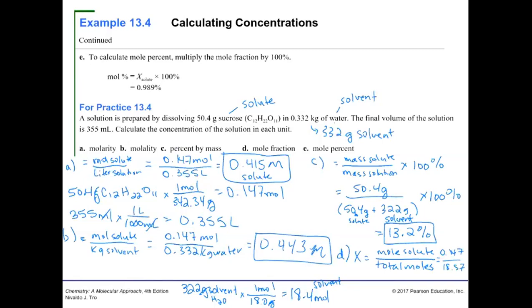So that way our mole fraction, sorry for writing over this, is 0.00793, and there's no units for mole fraction. And then E asked for mole percent, so we just take that mole fraction times 100%, so that would be 0.793% based on the moles.